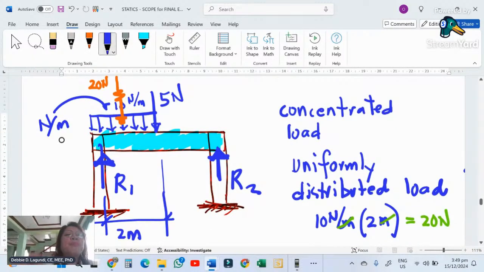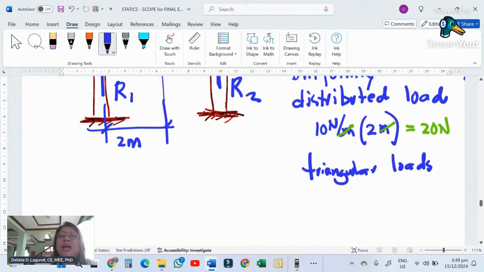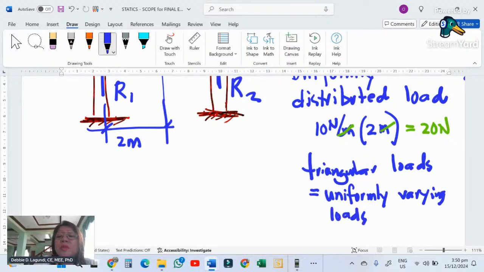Another very popular load would be the triangular loading. Triangular loads can also be called, if you have uniformly distributed load, uniformly varying loads.